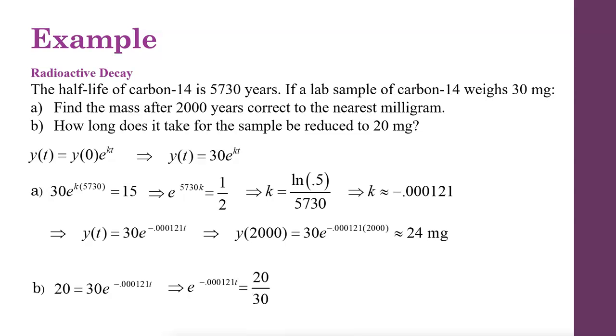And then divide by the coefficient of t. So we'll end up with t equals natural log of 2 over 3 divided by negative 0.000121. 2 over 3 is 20 over 30 reduced. And the result of that using a calculator is approximately 1,913 years.